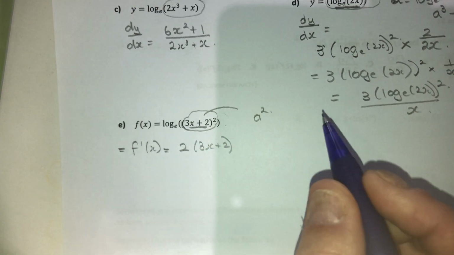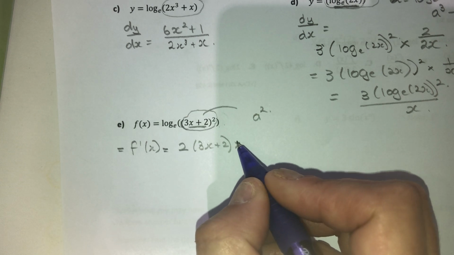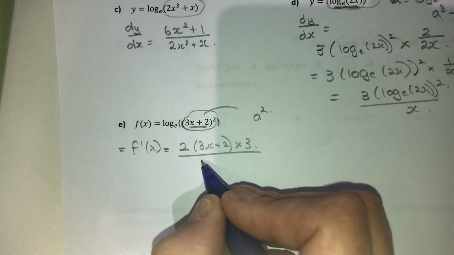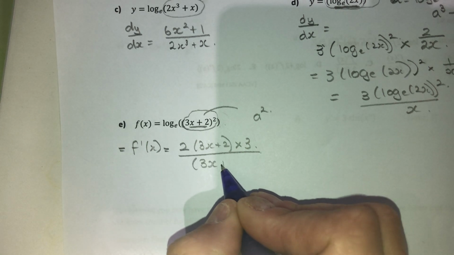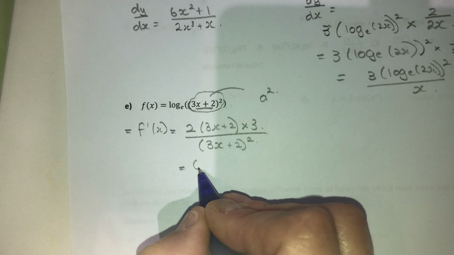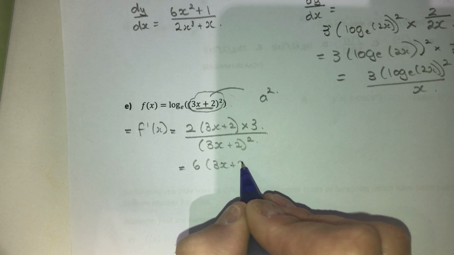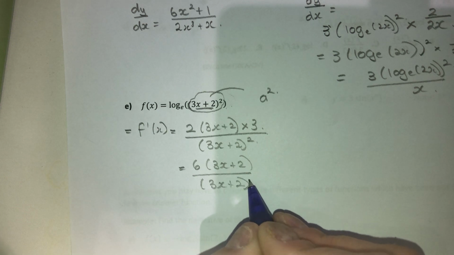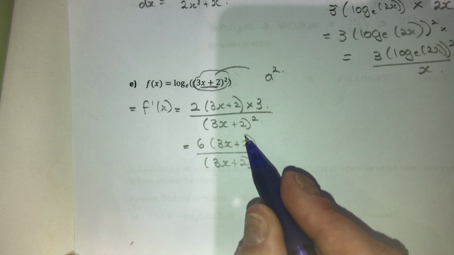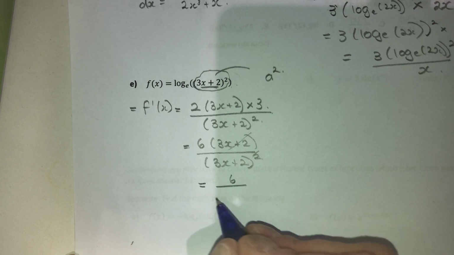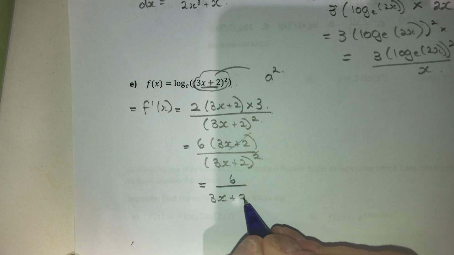Then chain rule, multiply by differentiation of what is inside the bracket, divided by original, which is 3x plus 2 all squared. Okay, from that we get 6 times 3x plus 2 divided by 3x plus 2 squared. So one of them is going to go, and your final answer is 6 divided by 3x plus 2.